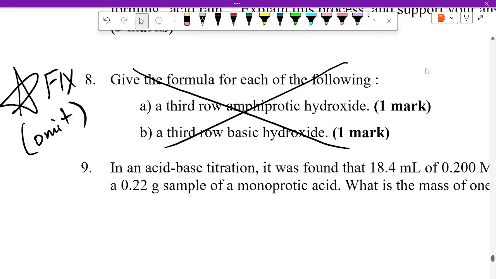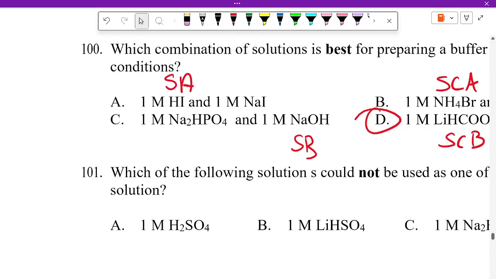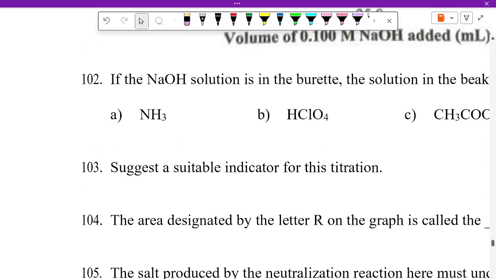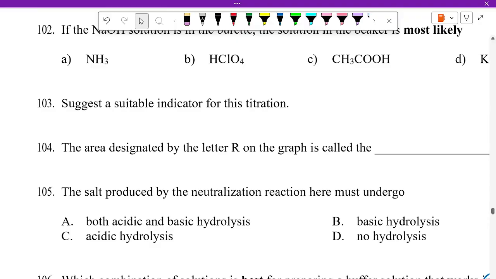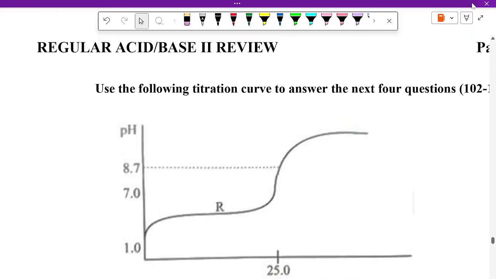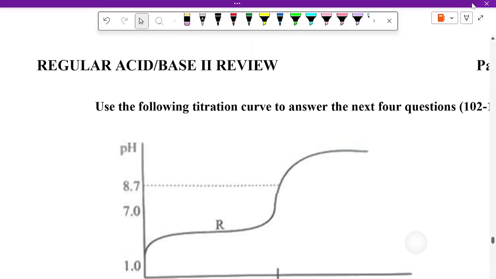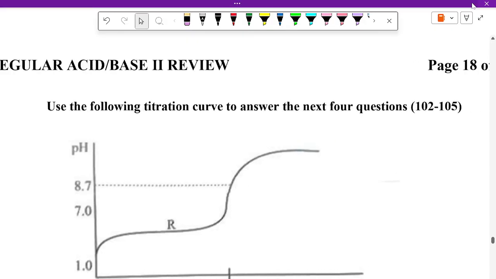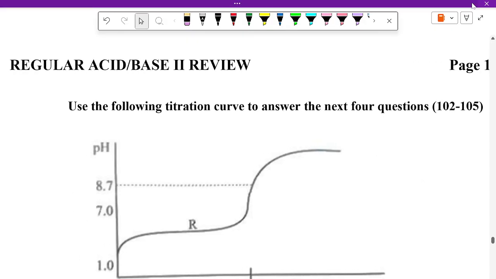Okay, we are going to take a look at number 105 and 106 on the review. So we have a titration here, which is being used for questions 102 to 105.